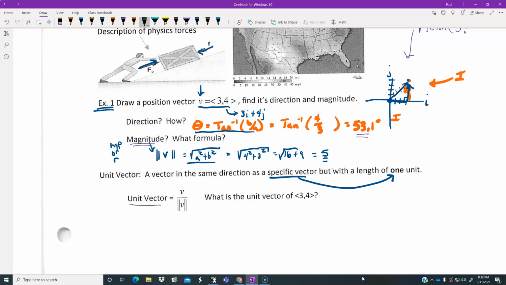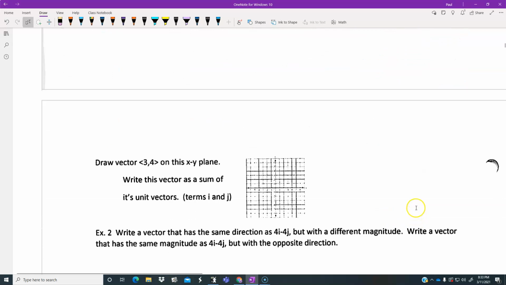Now, all you end up doing is taking the original vector, which is 3i plus 4j, written in its ij combos, and you just take it and divide it by the magnitude underneath. So this right here, what I'm drawing, would be referred to as the unit vector. And the unit vector just represents the smallest, singular unit of that vector based on that vector's position and its magnitude. So you just take the position of the vector and divide by its magnitude. Pretty straightforward if you're thinking about it, okay?